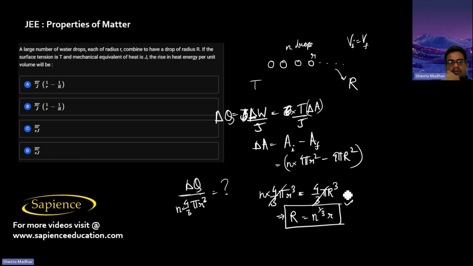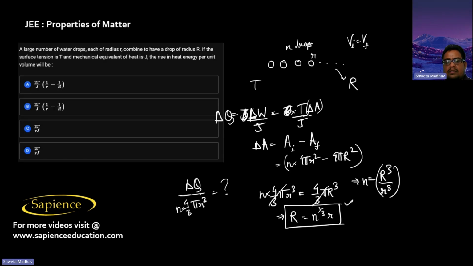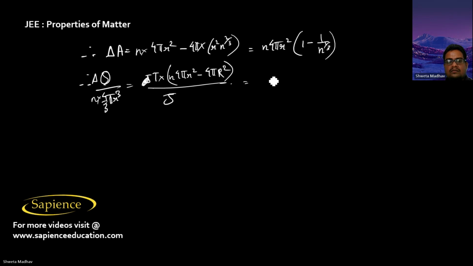So from here I can say that N is equal to capital R cube by small r cube.